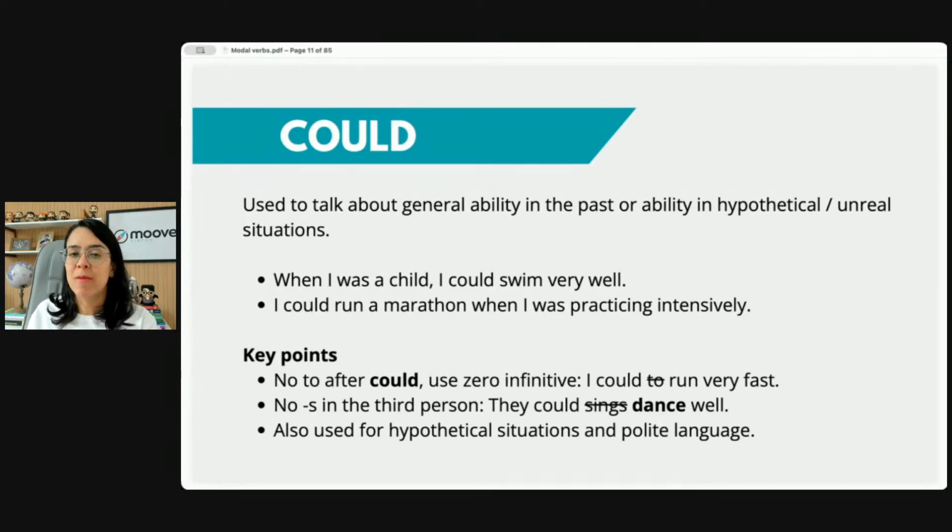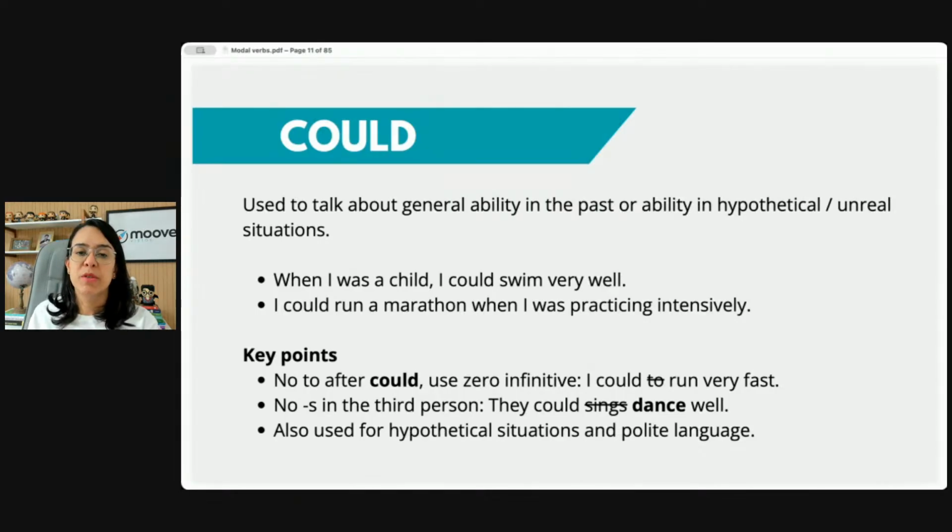Once again, you have to pay attention to the main verb. We don't add to between could and the main verb. It is incorrect to say I could to run very fast. The right thing is I could run very fast. We also don't add the S to the verb in the third person singular, I mean, he, she, it in the simple present form.